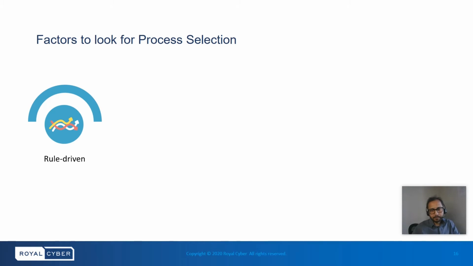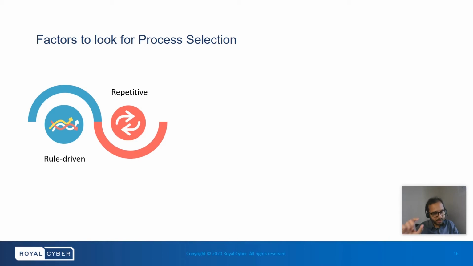So we are looking for processes that are rule-based. Processes that are rule-driven and consistent are always a good candidate. Manual and repetitive tasks are the right processes for such an automation, because we want to have small and simple automation that is highly repetitive in volume so that we can get a big benefit out of it.